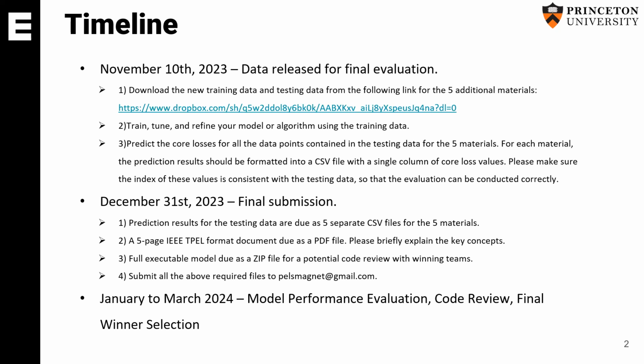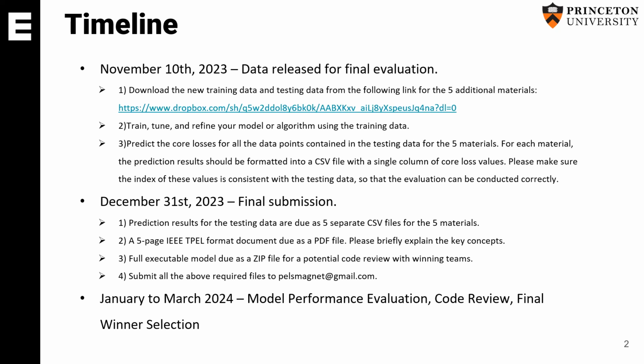Then a 5-page document in the specified format will be due as a PDF, where you document all of the details of the algorithm or the model that you constructed and also the results you get, and briefly explain the key concepts. We also hope to do a code evaluation for the winning teams.